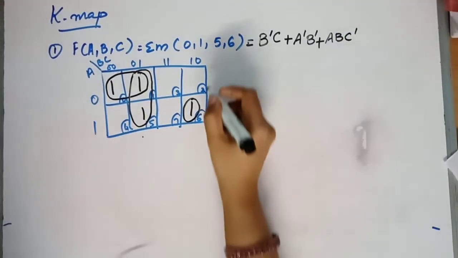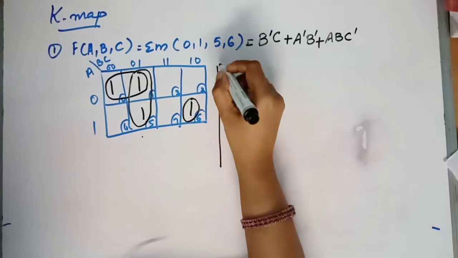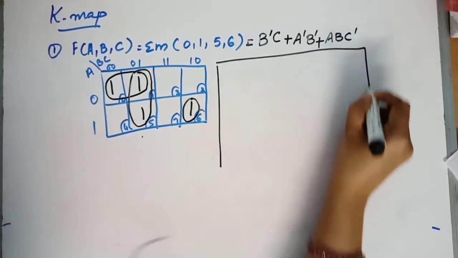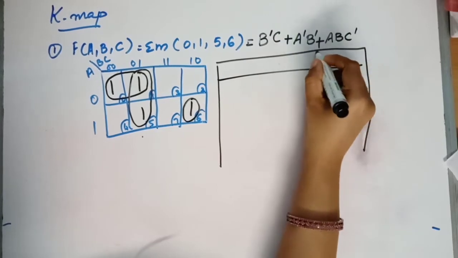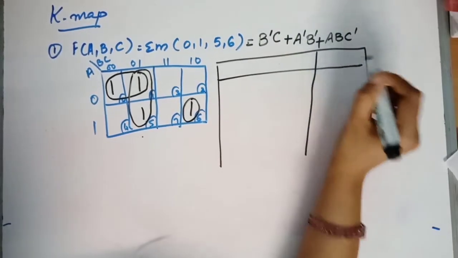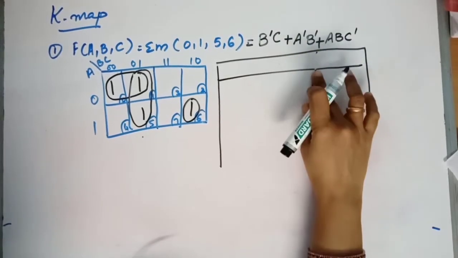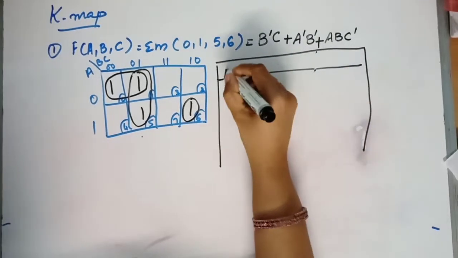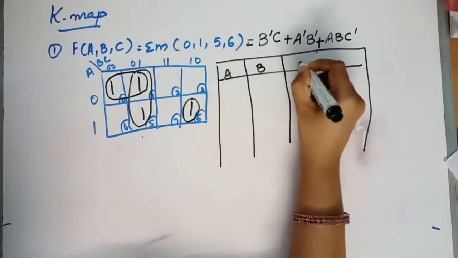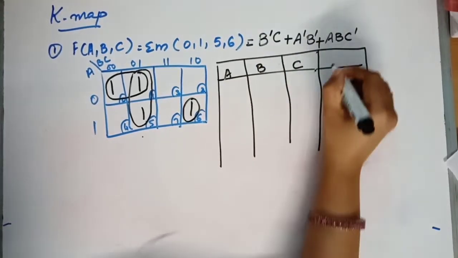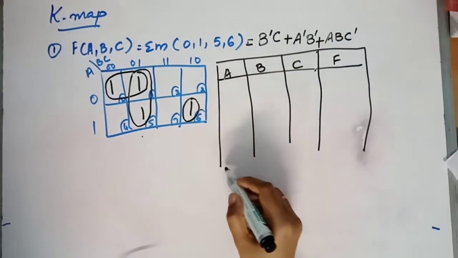So we'll then draw the truth table. A, B, C, and this is your output.